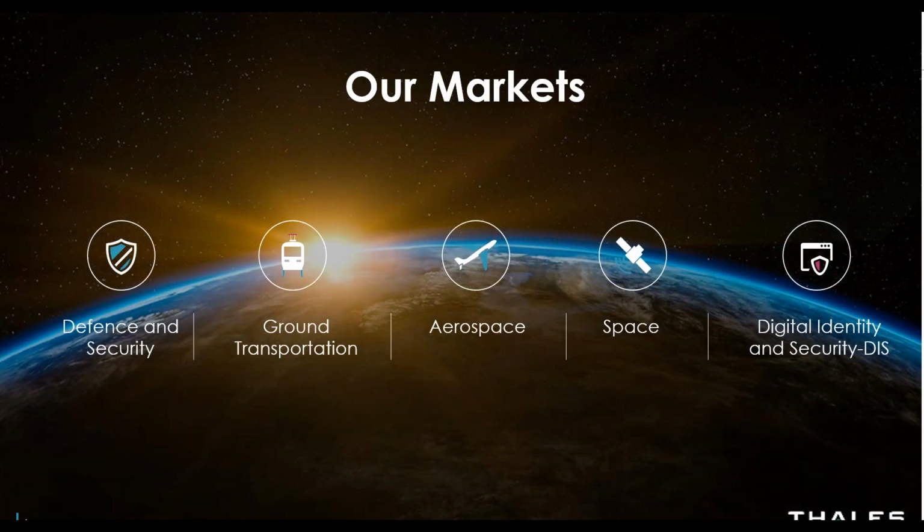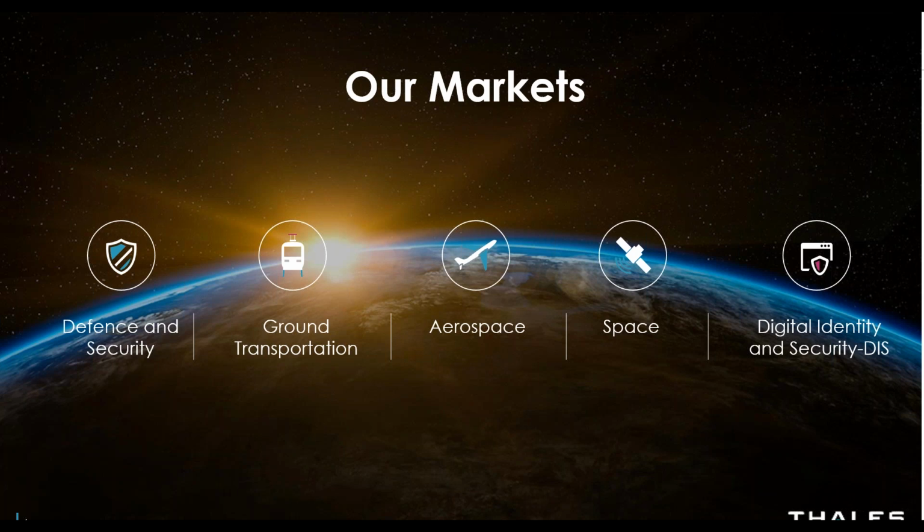So in terms of markets, some of you may know a little bit about Thales, some of you have no idea. They're probably most well known in the defense and security space. They work in many different verticals, but defense and security is probably where most people have heard the name. This ranges from underwater sonar platforms through to defense and missile guidance systems.